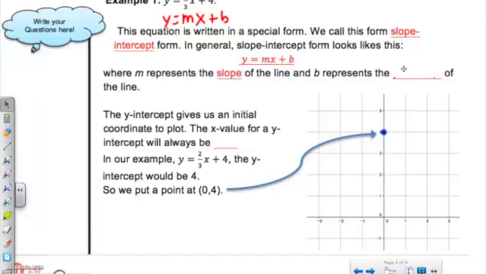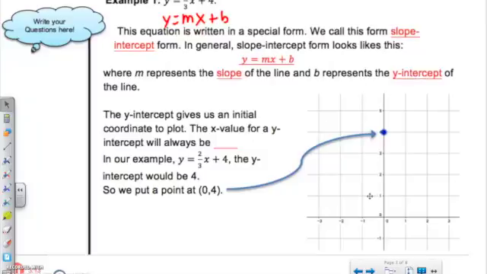B is going to represent the y-intercept of the line. Now, a y-intercept is not a word that we've defined in our glossary this time. But what a y-intercept is, if you remember from middle school, is where a line crosses the y-axis. Just a reminder, the y-axis is the one that goes straight up and down.